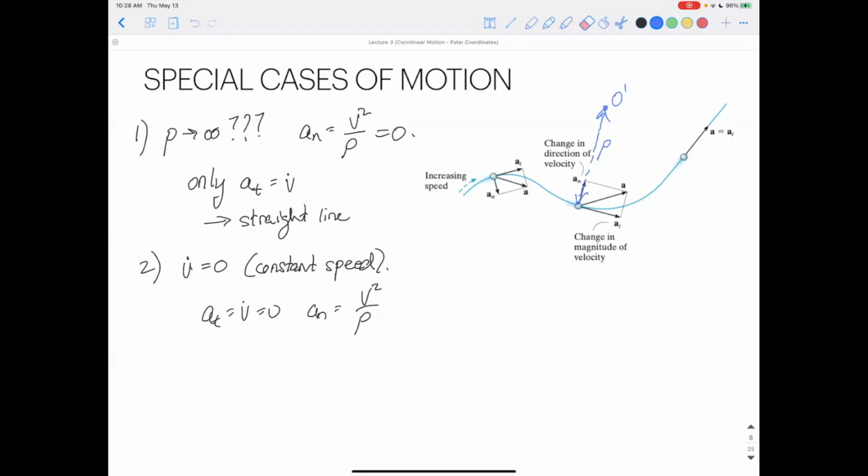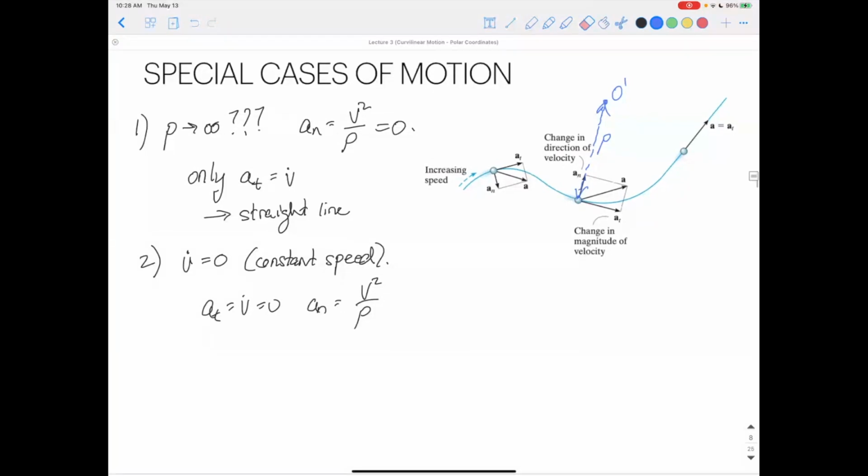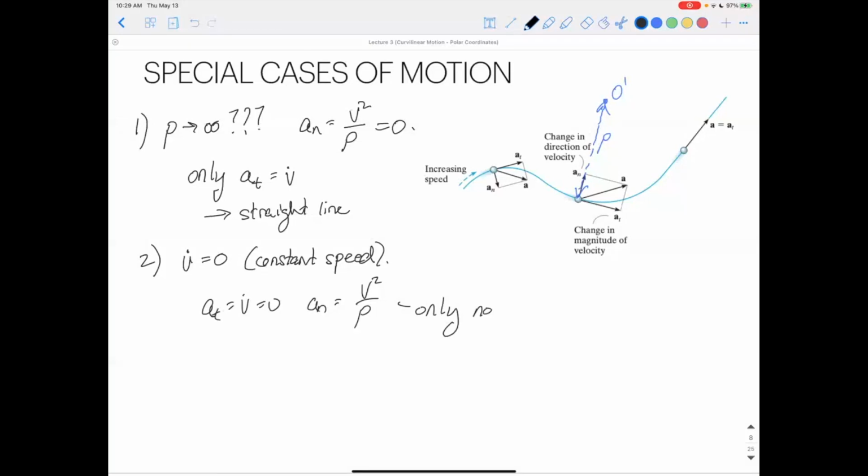So the best way to get through a corner, we can see from this sort of quasi proof, is to have your tangential acceleration be 0 and just hold a constant velocity through the corner. So, only normal acceleration.